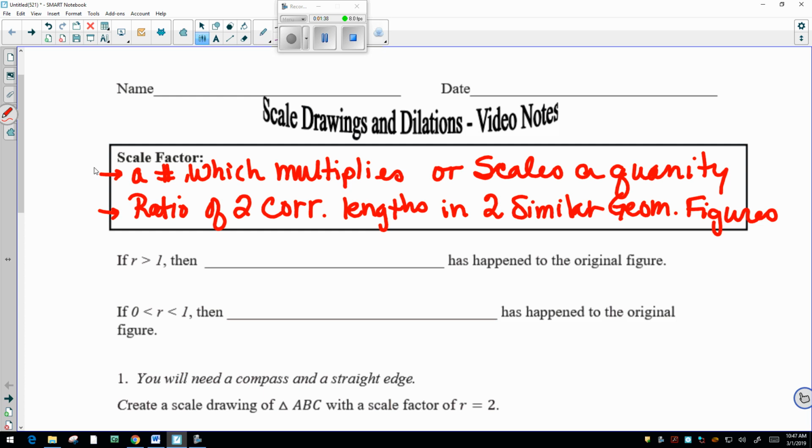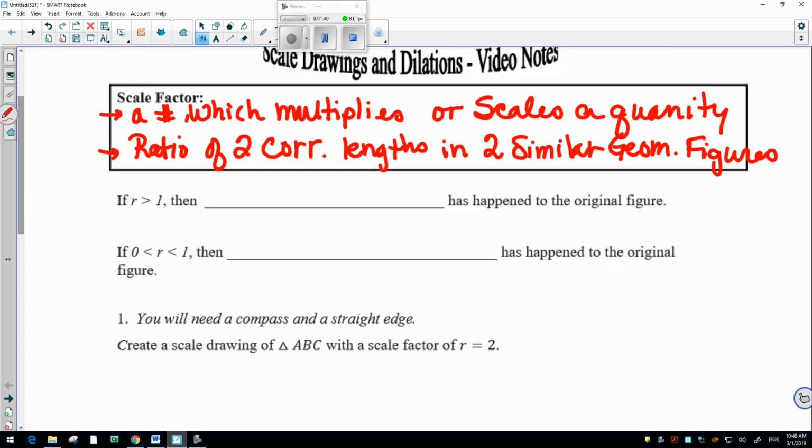So scale factor, sometimes you'll see it as the symbol R. A lot of times you'll see it as the symbol K. So when they give us that scale factor, and we see that scale factor is greater than 1, we can say an enlargement has happened, or a growth, or I can see the picture has gotten bigger.